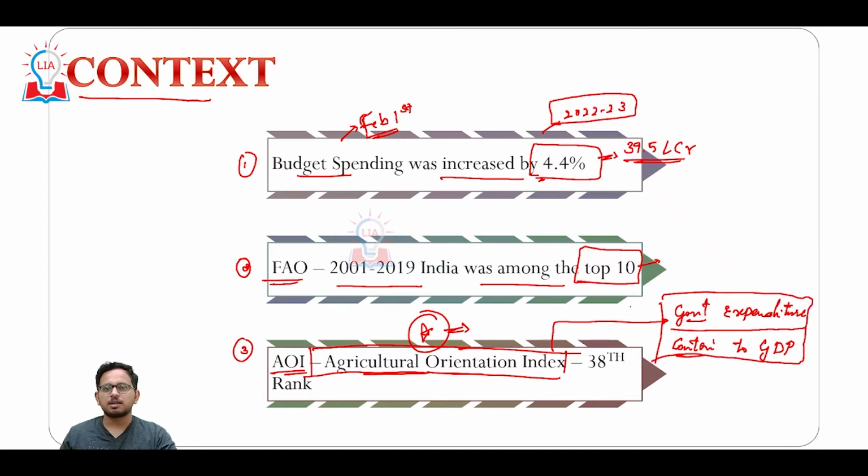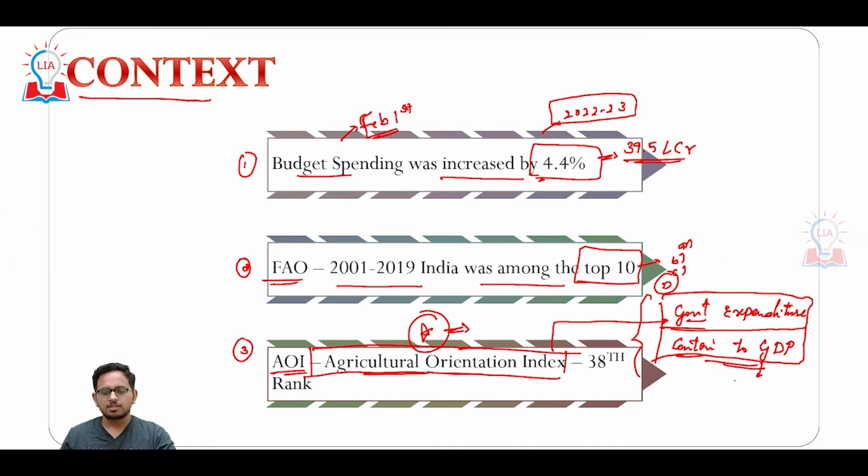In your prelims examination, you can expect a question like: Agricultural Orientation Index is the ratio of, and you will be given 4 options: option A, B, C and D. In one of these 4 options, you will have the correct answer. That is, it is the ratio of government expenditure on agriculture divided by the contribution of agriculture to India's GDP.